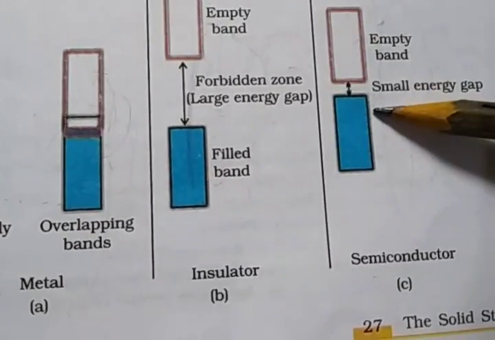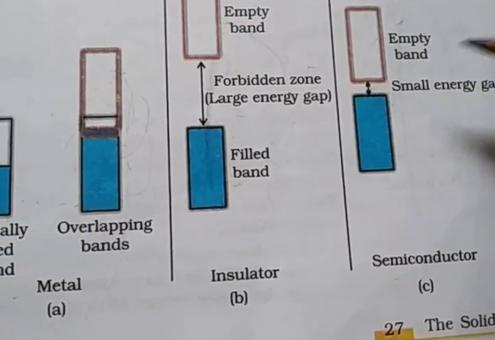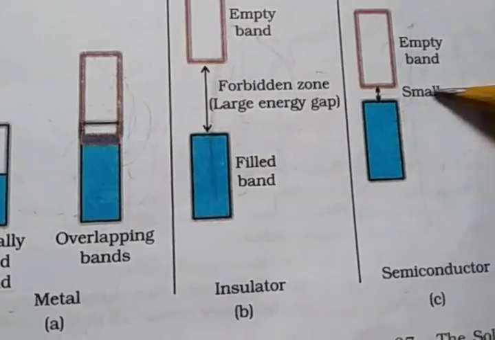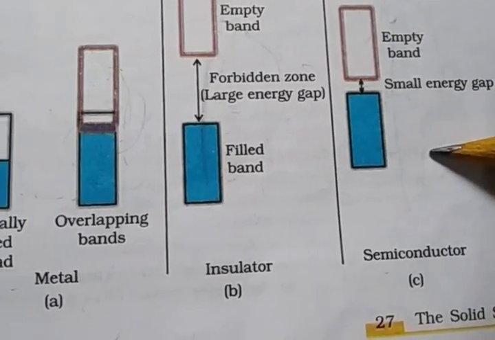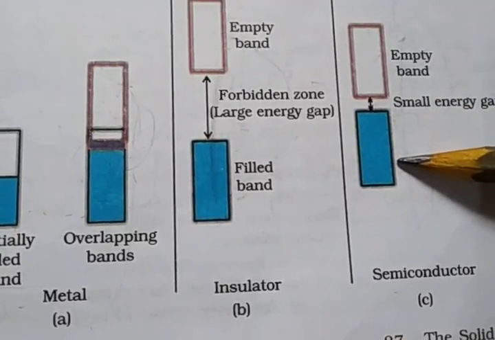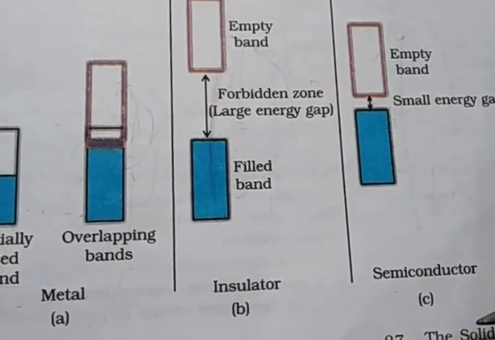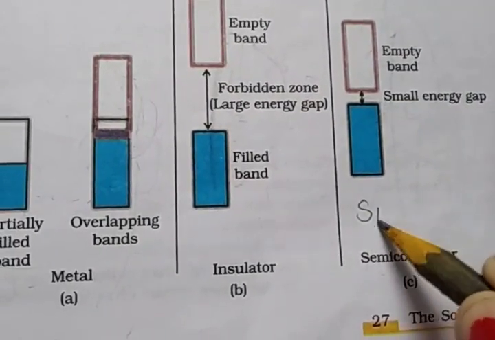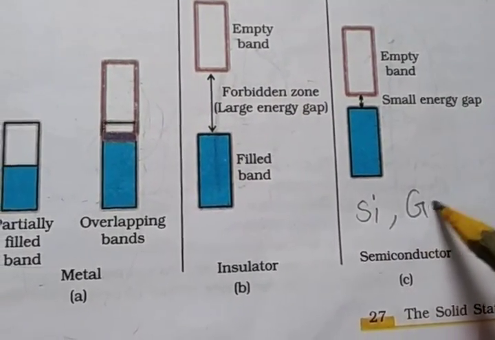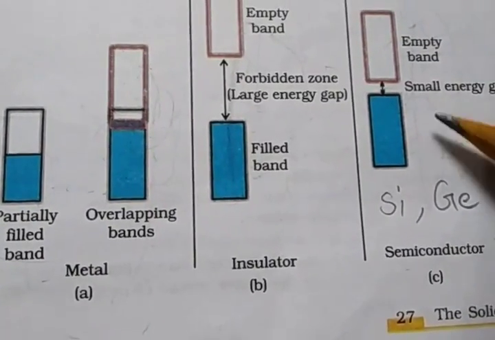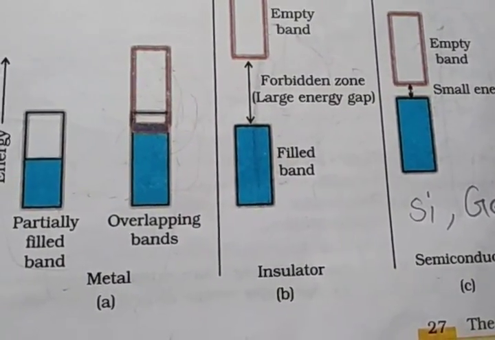Examples are substances like silicon and germanium, which show this type of behavior and are called intrinsic semiconductors. Silicon's symbol is Si and germanium is Ge.